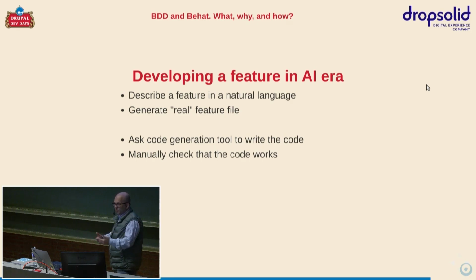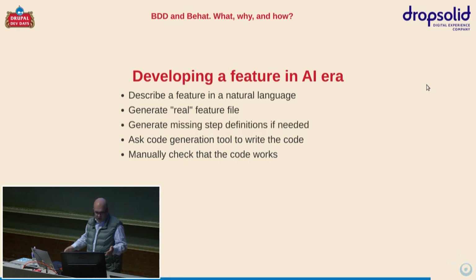It also can be something that should have been fixed by the fix that you commit. So what if you describe something that you want to achieve by the code, and even before writing the code, you generate a real feature file in Behat terms? If you need, you can also generate missing step definitions. You can also ask Claude Code to do that, right? Because it's PHP code, and Claude Code can write code in any language, including PHP.